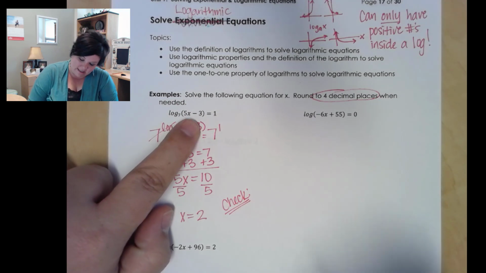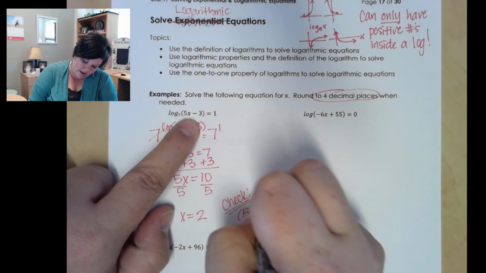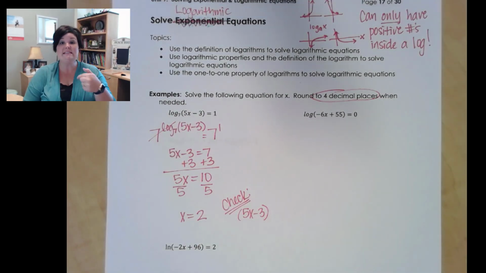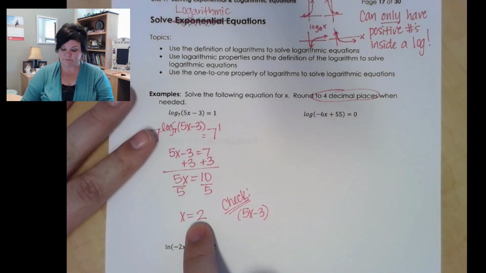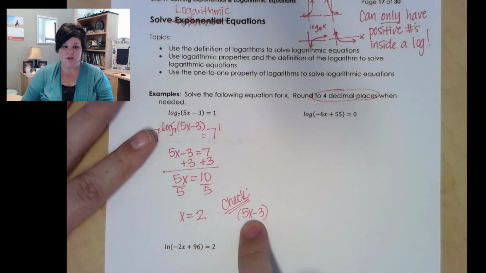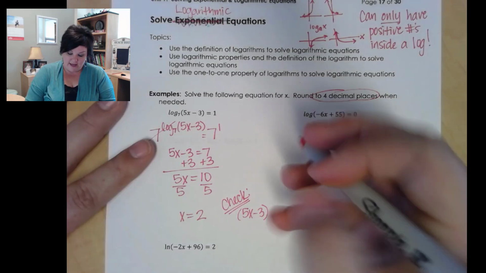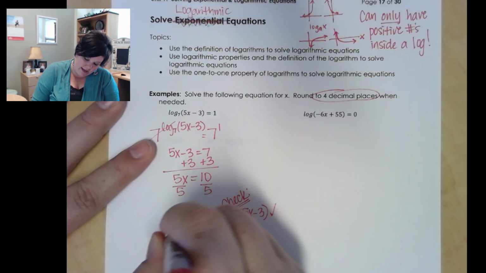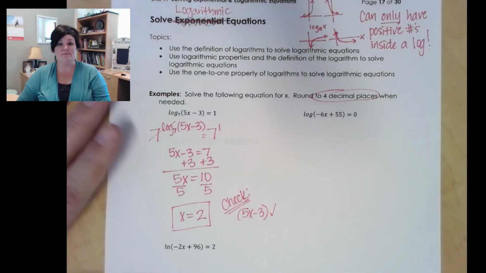So I have to check to make sure that 5x minus 3 ends up positive. I can't have negatives, and I can't have 0 inside this log. So if I plug 2 back in here, 2 times 5 is 10, minus 3 is 7. So that's a positive 7. That checks out, so I can go ahead and box in my answer.